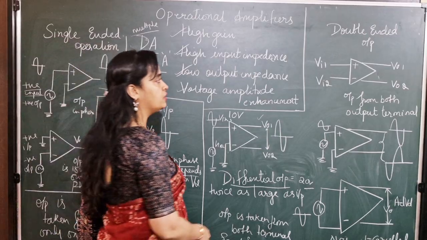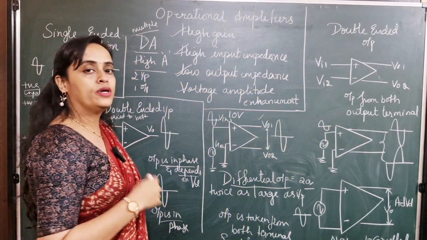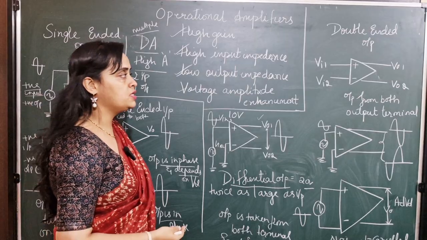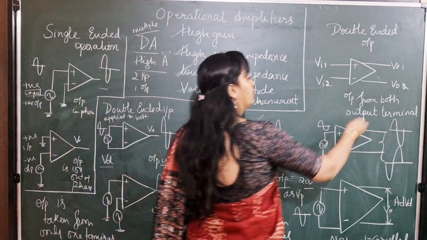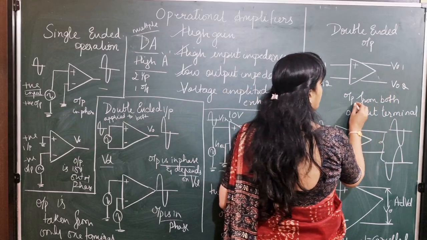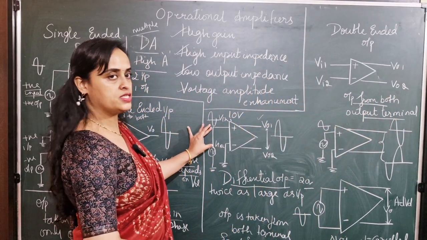Next comes the double-ended output condition. The input applied is to both the terminals, and the output is also taken from both terminals, that is V01 and V02. Let's understand this case first.